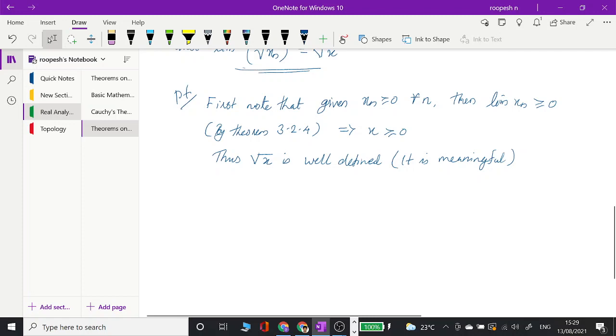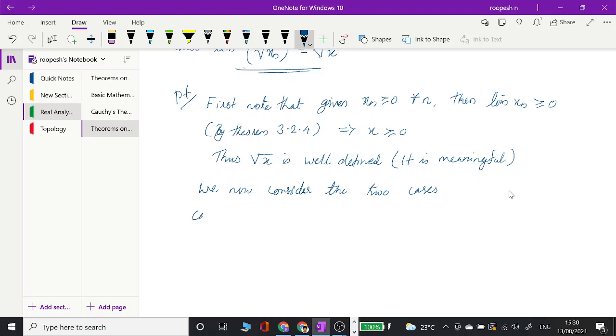Now we will discuss this within two cases: x equal to 0 and x greater than 0. Anyway x is greater than or equal to 0, and we will split this into two cases.